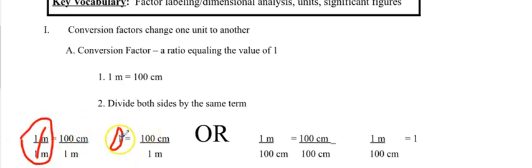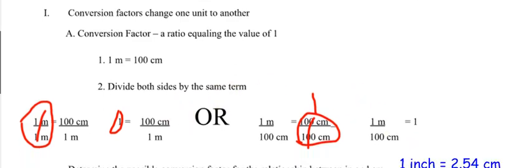So then 1 is equal to 100 centimeters over 1 meter. But what happens if I divide both sides by 100 centimeters? Now this term is equal to 1. So if the right-hand side is equal to 1, then the left-hand side is equal to 1, and that's where I get this. So notice that the centimeters can be on top or they can be on the bottom. It makes no difference.